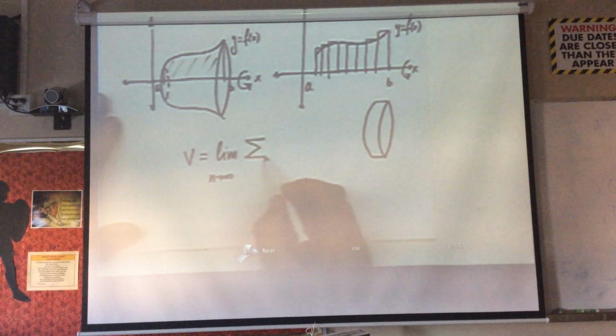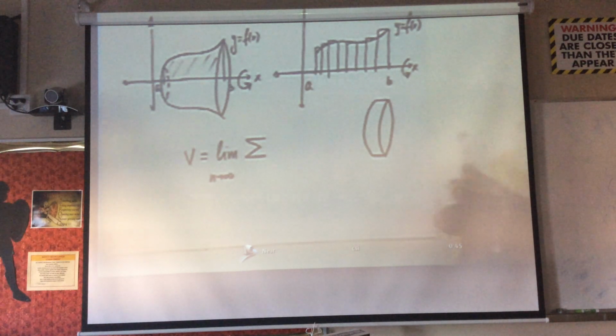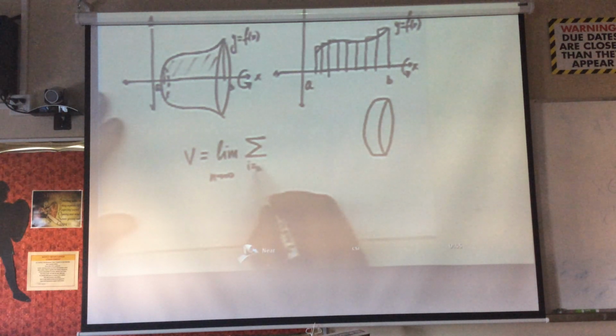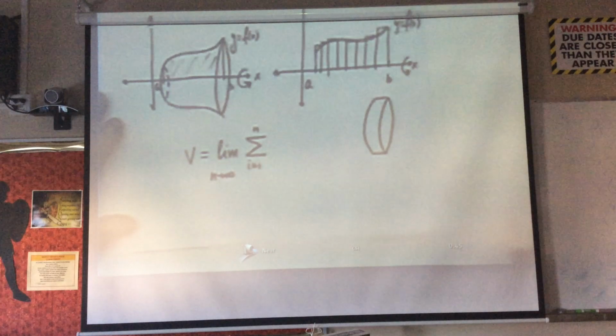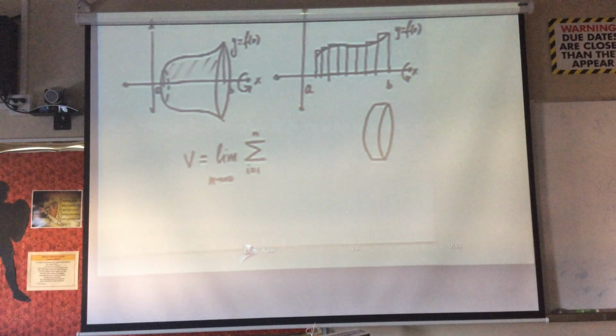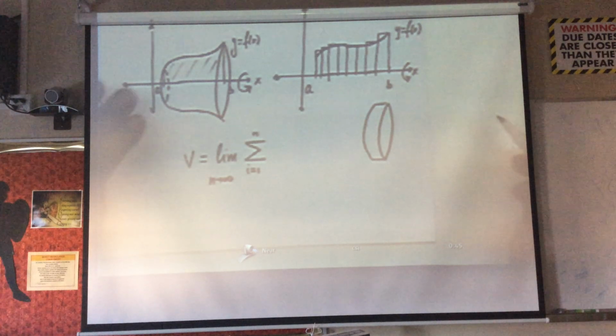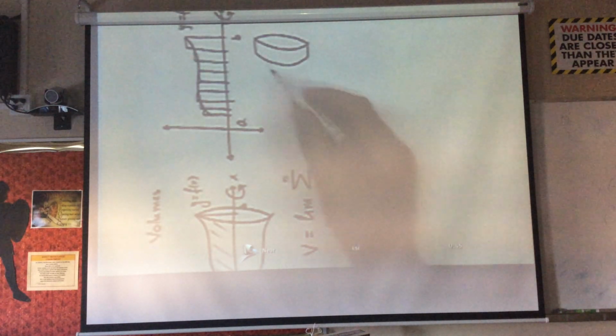And then I'm going to use sigma. Remember I said Riemann sum, right? Sigma, i equals 1 to n. But remember, this time I'm not adding the areas. I'm adding volumes of each cylinder. Now keep in mind, we used to have cylinders this way all the time, right? Something like this.